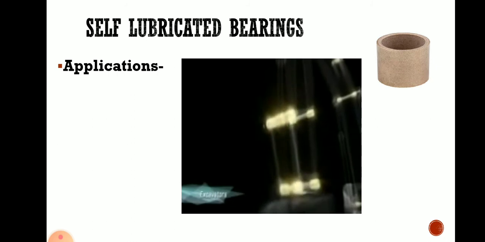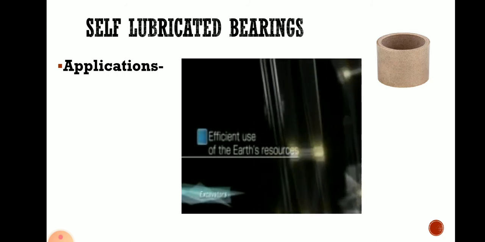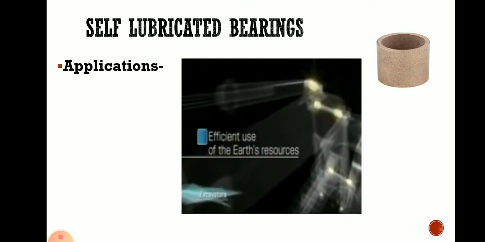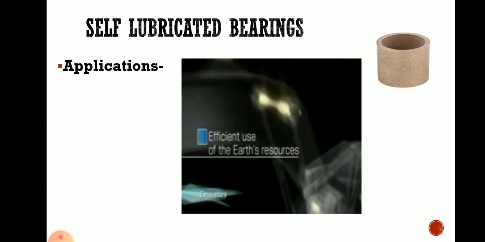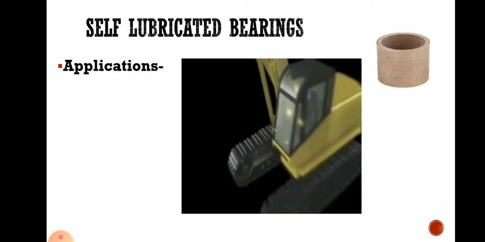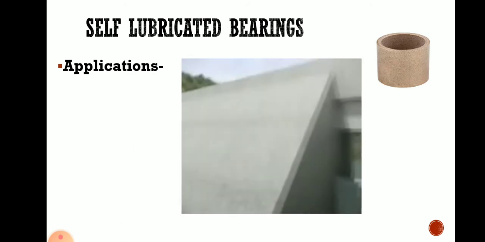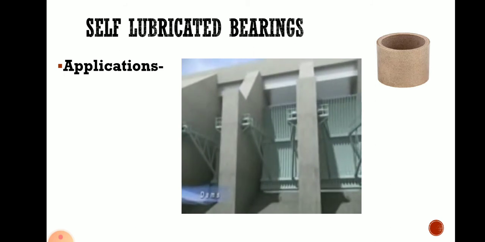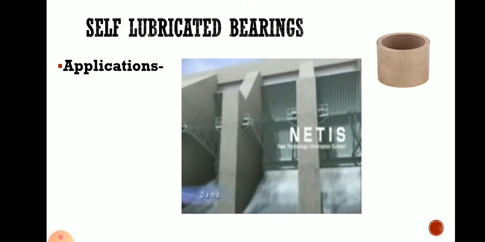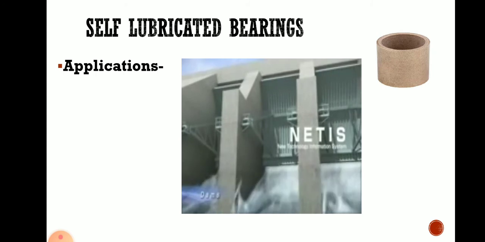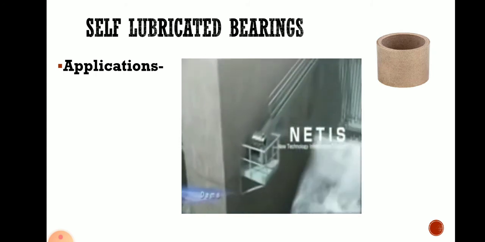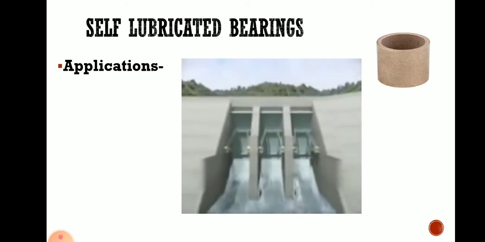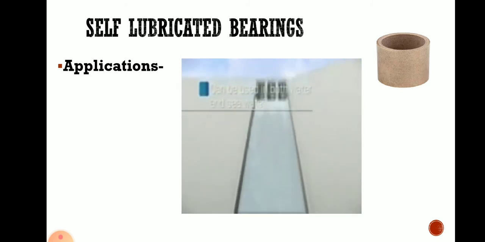In a JCB excavator, at every joint it has one kind of bearing which is also a self lubricated bearing. In dams also, while opening and closing the doors, those bearings are used. Frequently they don't need to apply lubricant, they are self lubricated and manufactured by powder metallurgy in many cases.